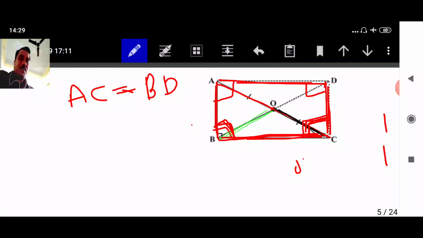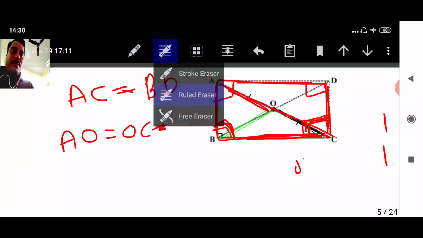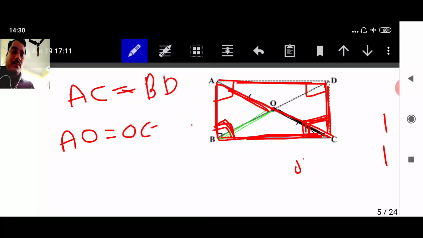AC equals BD. Okay. And you know that AO equals OC equals half of AC.